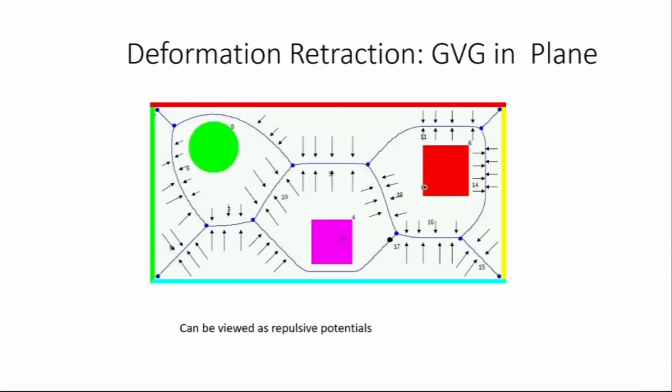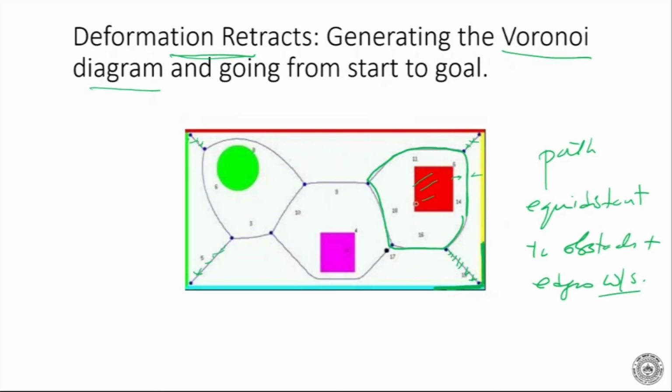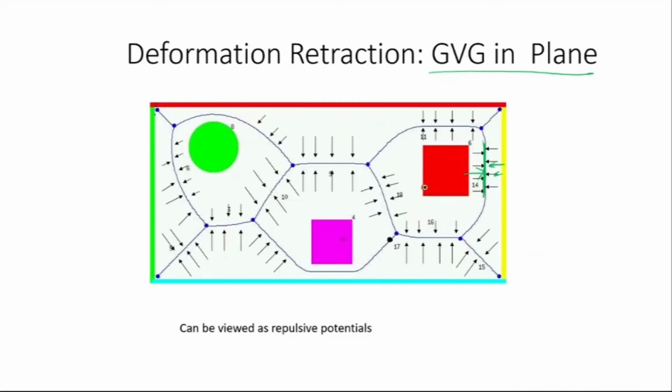And this is a deformation retract, because you can think of this side deforming in this direction and the object deforming in that direction, where they meet in between. So this is called the deformation retract, or generating the Voronoi diagram, and very often it is called the generalized Voronoi diagram.